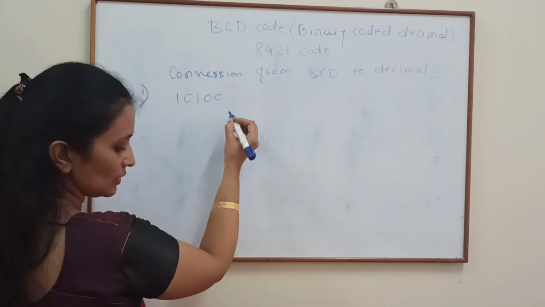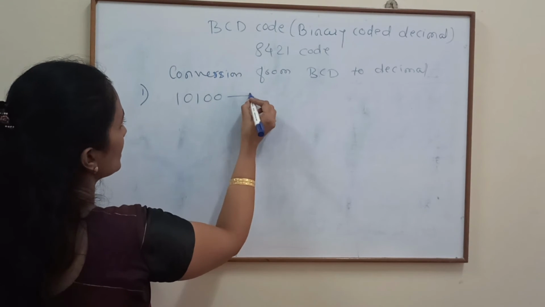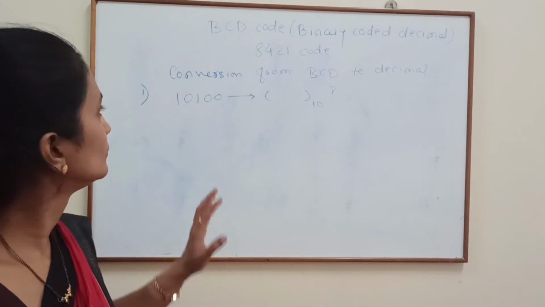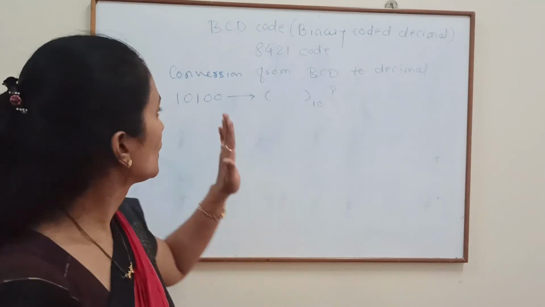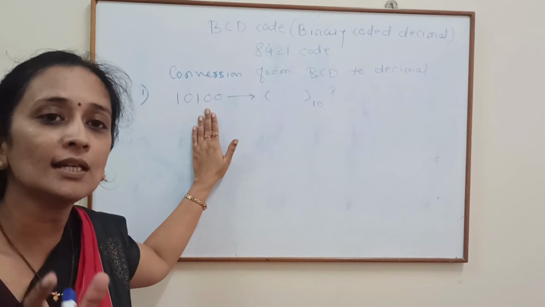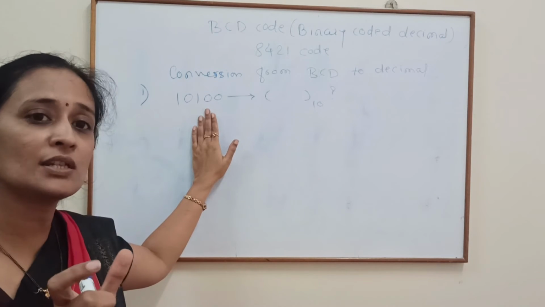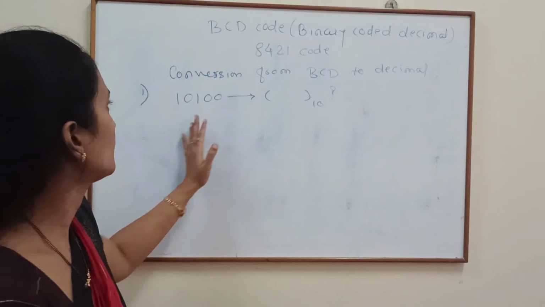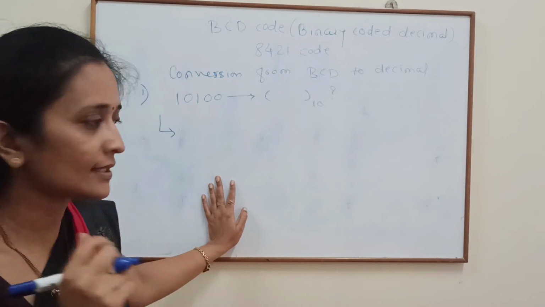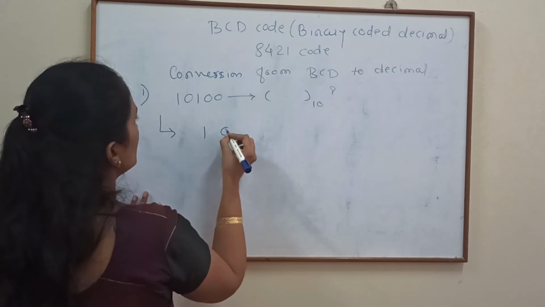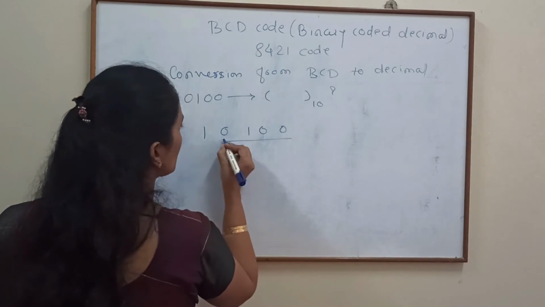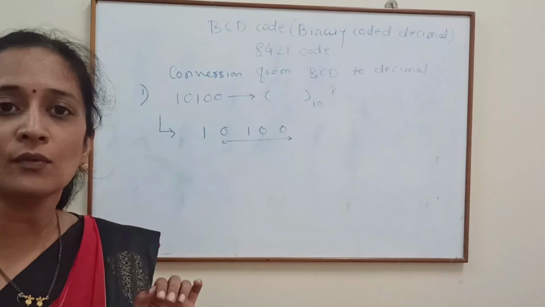10100. This is in the form of BCD and we have to convert it into decimal. Now tell me, what is BCD? BCD means a 4-bit binary number. Means each and every digit will be of 4 bits. Therefore, we will divide this number into groups of 4 bits. Take down that number 10100. From this side, make a group of 4. Only one group we can form.